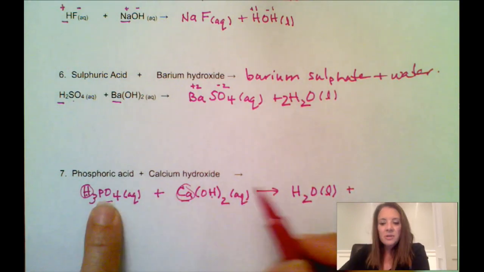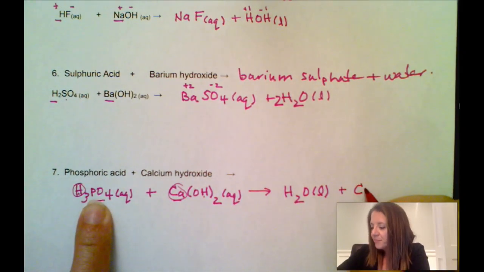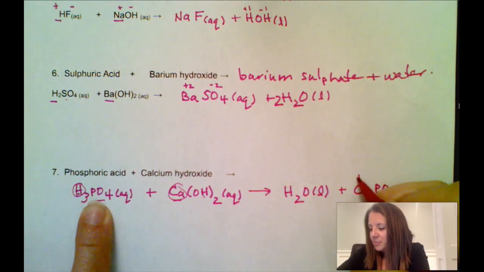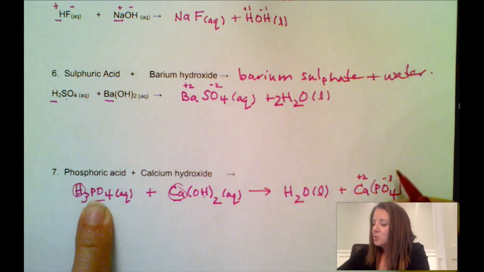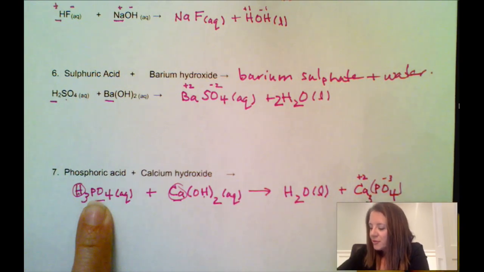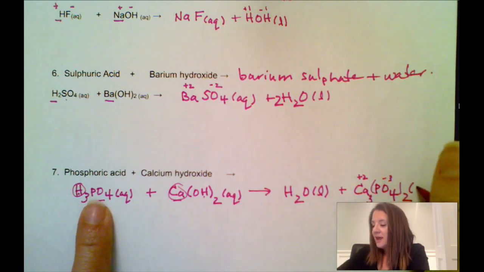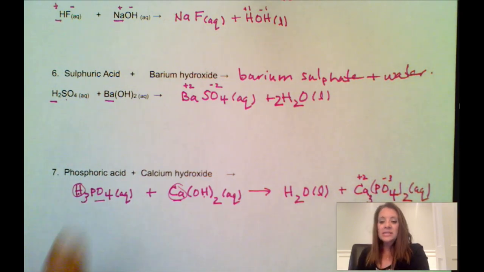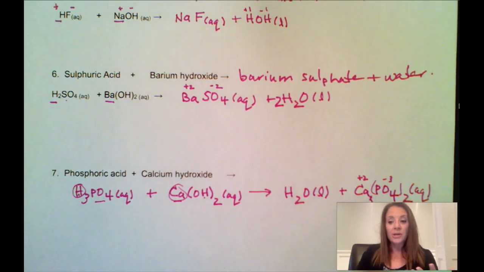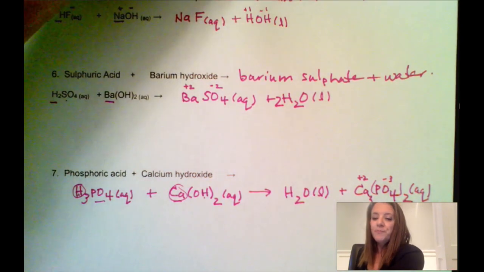Calcium is a +2, phosphate is a -3. So when you crisscross, the 3 comes here and the 2 comes outside of the bracket. That salt remains aqueous unless we evaporate the water, in which case it will become a solid.